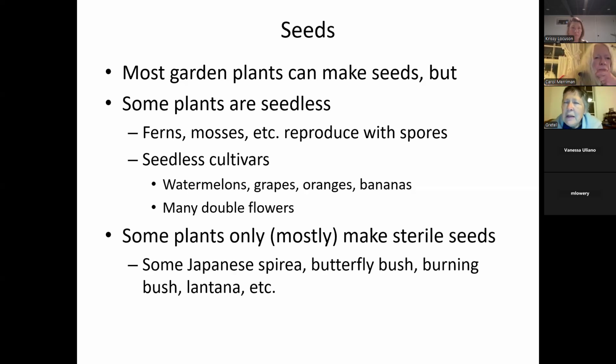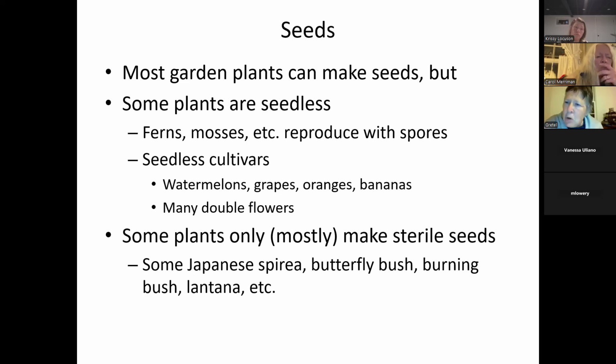If the species is a single flower, like it looks like a daisy, and the cultivar you have has a whole poof ball of petals in the middle, it's gotten doubled or tripled, it's very likely that that flower is sterile. It's very likely that this is a mutation where the sexual parts were replaced with more petals. It can happen naturally, but you're not going to get seeds out of that plant.